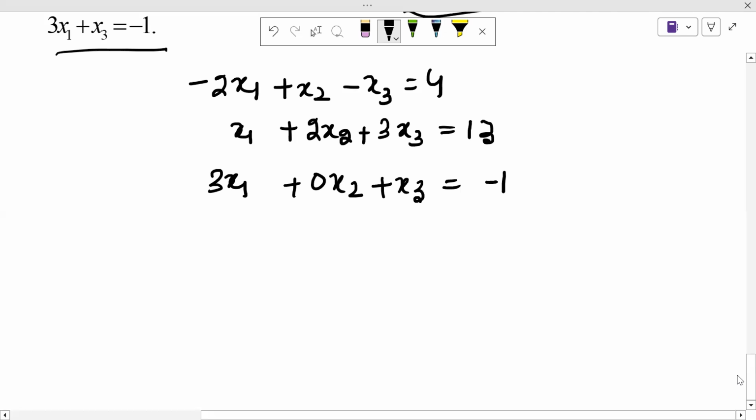Solve means we need to find the values of x1, x2, and x3 by using the determinant process. What is the determinant process and how to solve this?